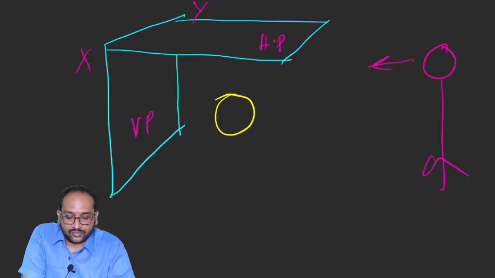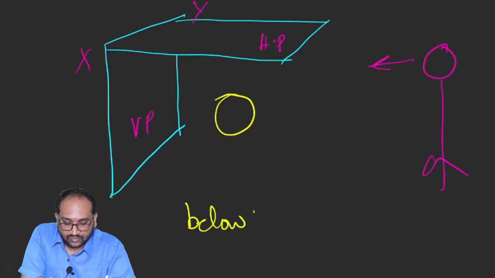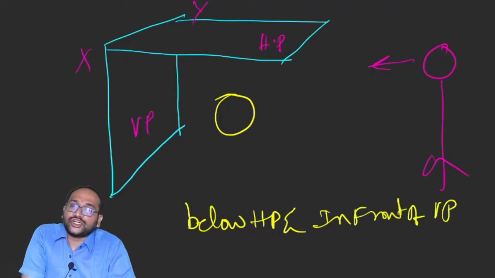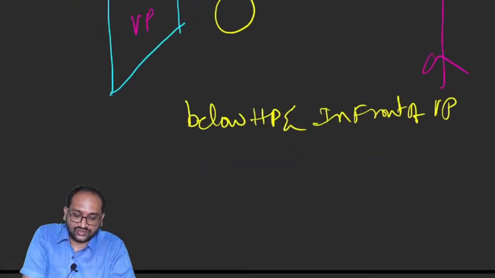Position is below HP and in front of VP. Now coming to principle, object always lies between observer and plane of projection. Okay, this is fourth angle projection principle.